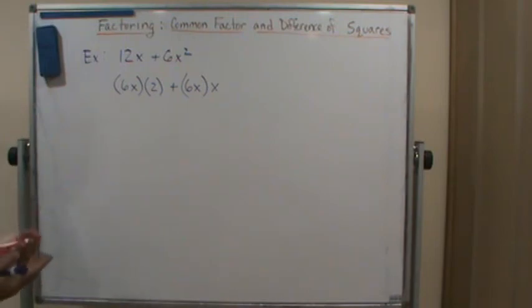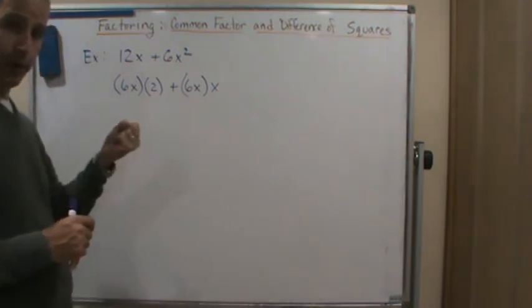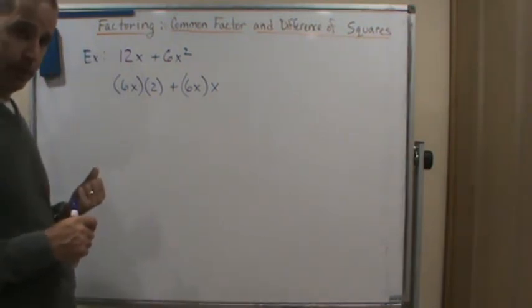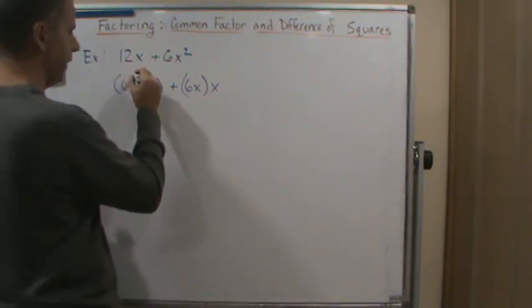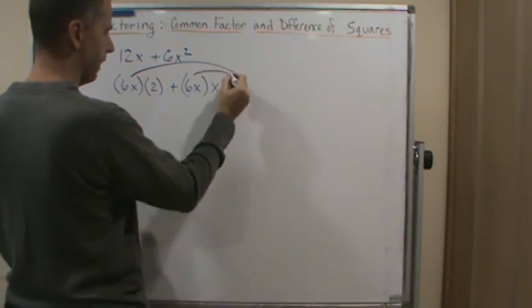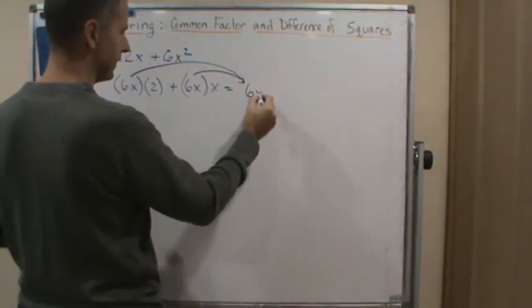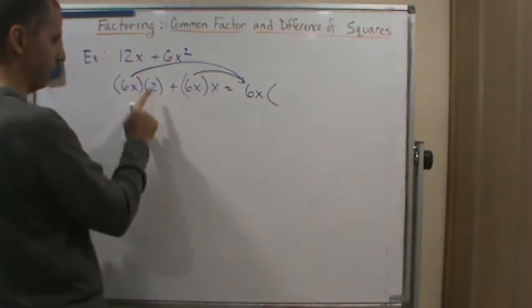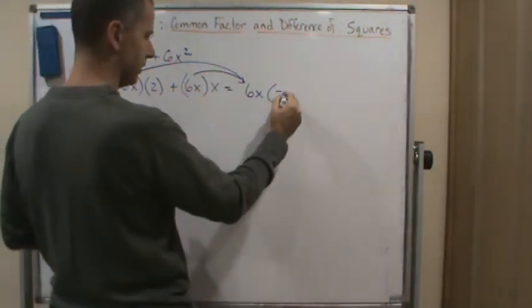That's what factoring is. We've got a common factor, and now we're going to pull it out by using the distributive property twice. So we're going to take this, and we're going to factor it out. We're going to take 6x, and what's left behind? Well, we've got a 2 and an x, a 2 plus x.